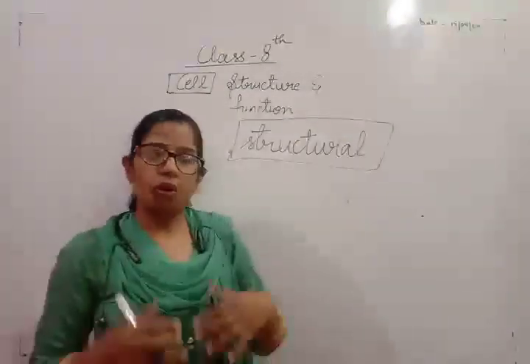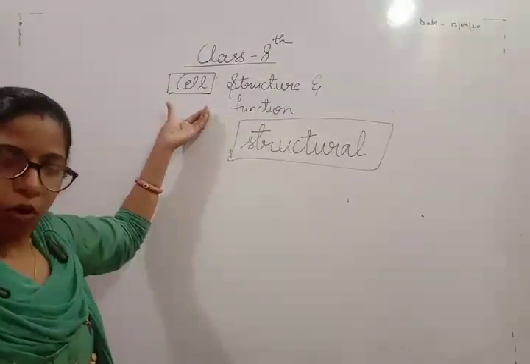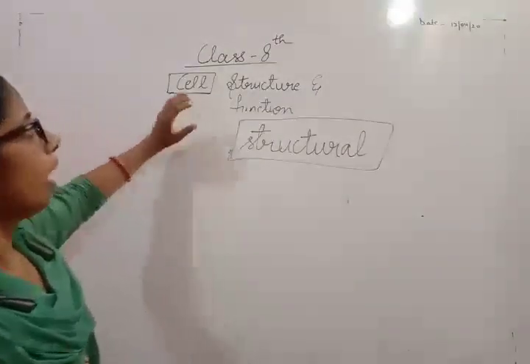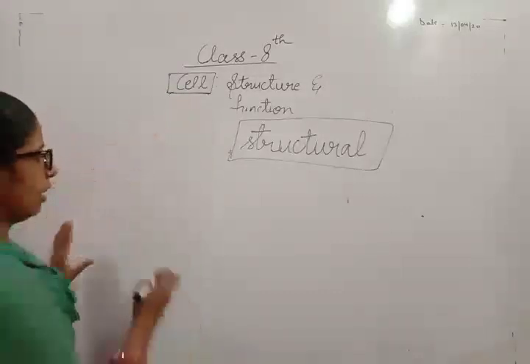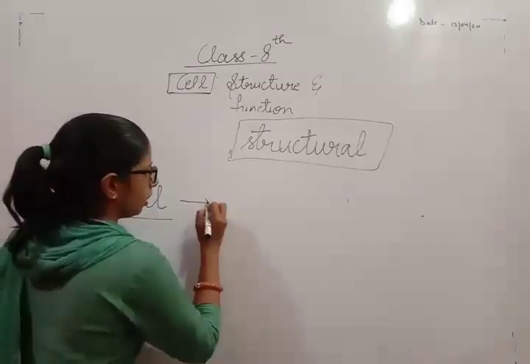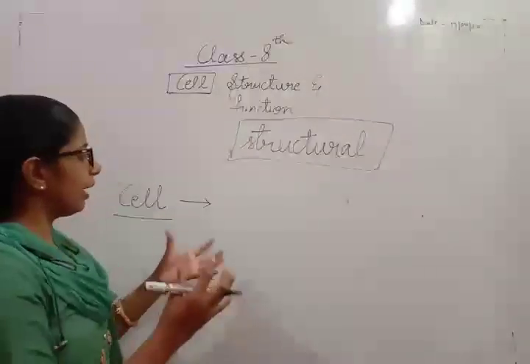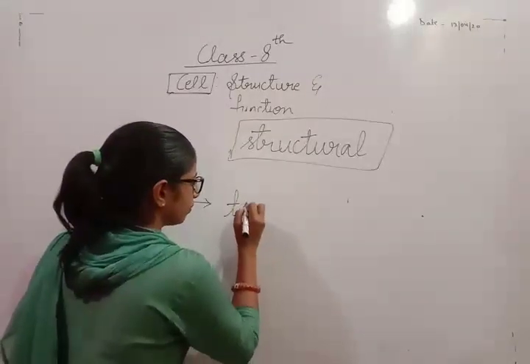We all know all organisms are made up of cells. All the living organisms are made up of cells. Cells come together and form tissue.